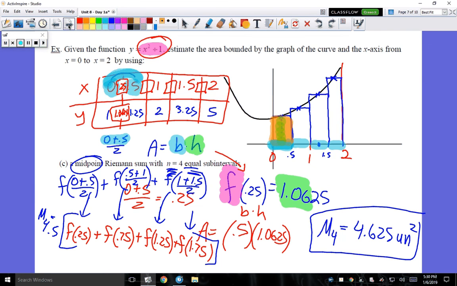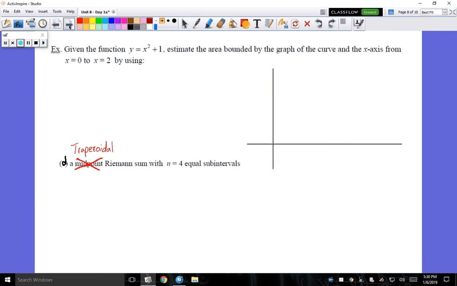And then last but not least, we will do the trapezoidal. Real quick sketch. We have 2, we have 1, we have 4 subintervals. This is 0.